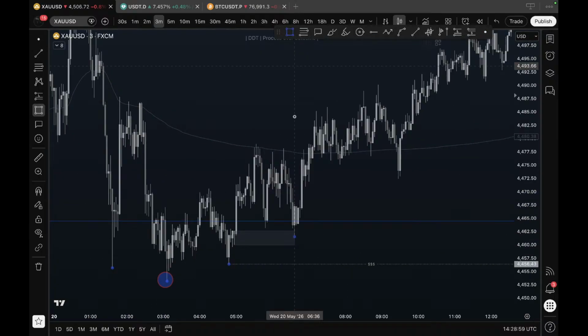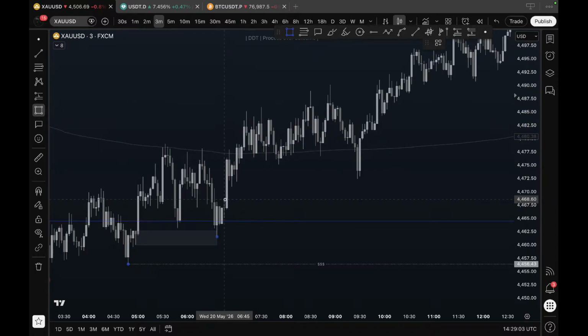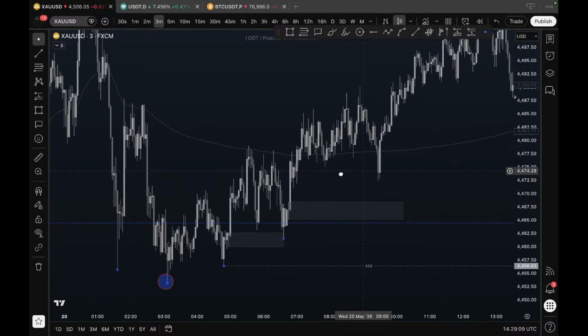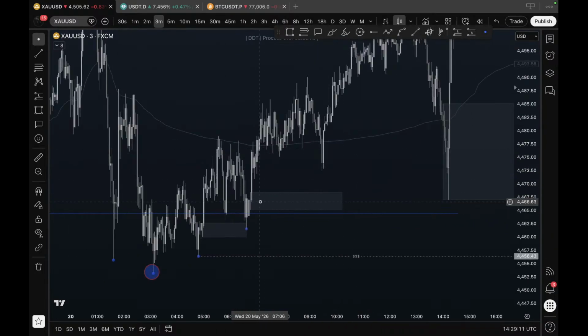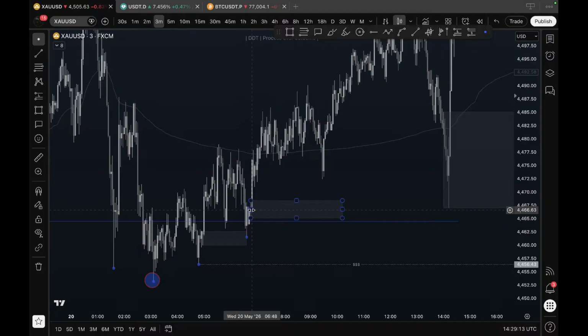However, from this move, we pushed up pretty aggressively. And what did price leave behind? Here a 3-minute demand zone, which is untaken liquidity, which market makers can use to take it before reversing. So if you look at it from that perspective, what did price do?